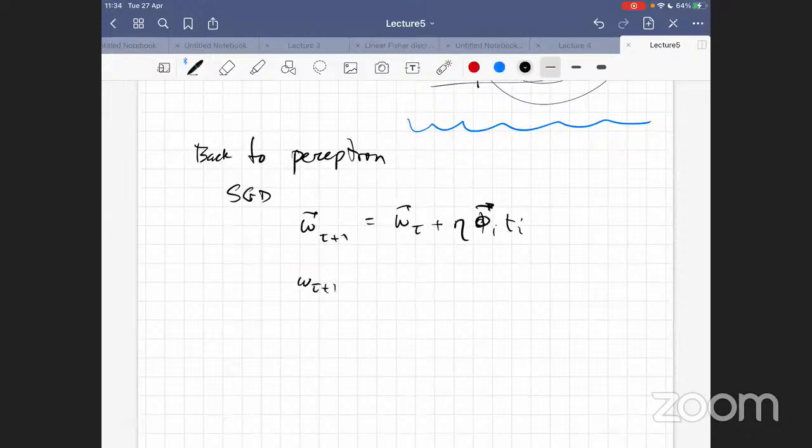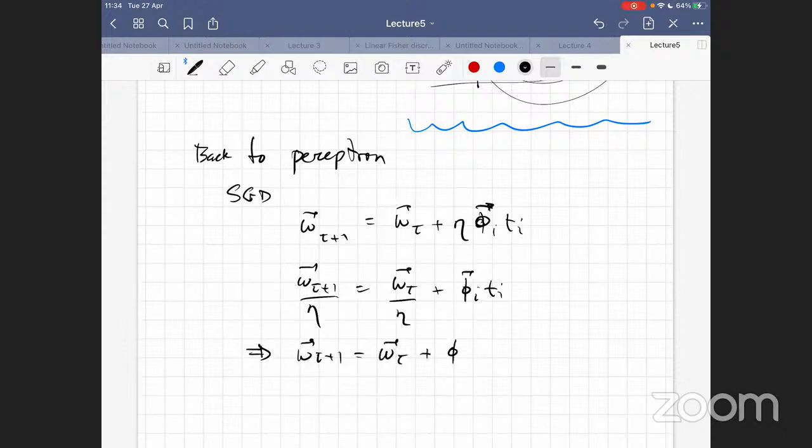I just divide by eta on both sides. And then since the perceptron output of f is actually independent of the specific value, or if you want, invariant under the rescalings of the W, I can just forget about my eta and write this like this.